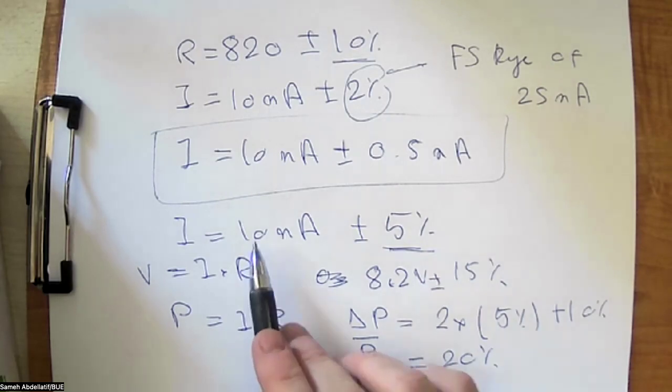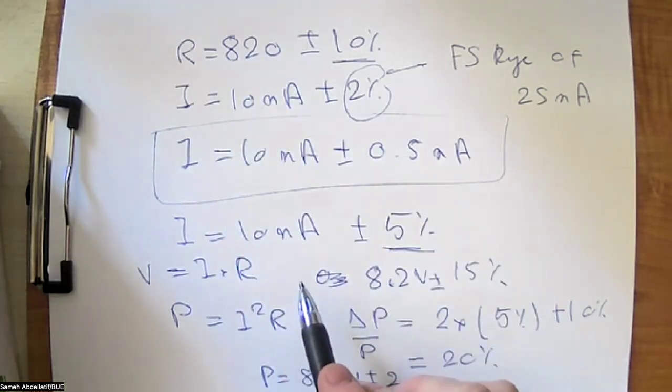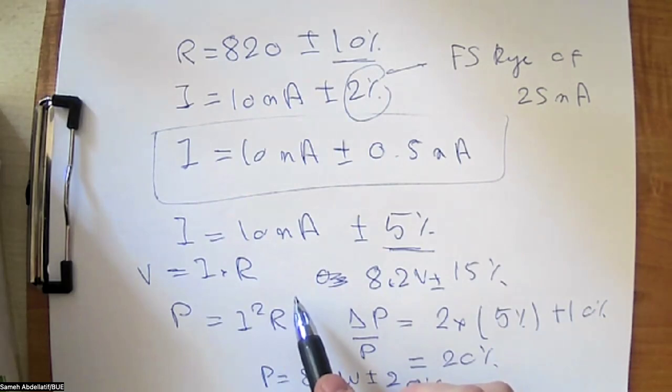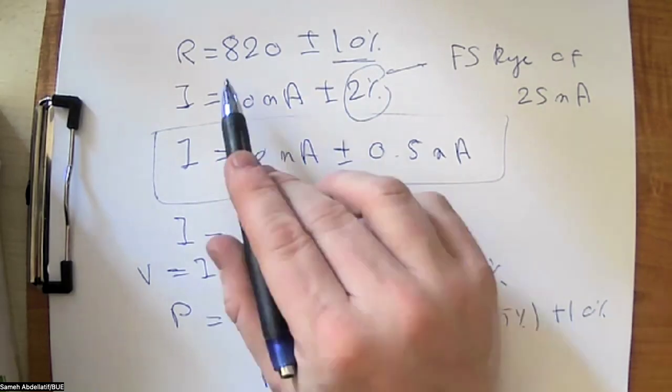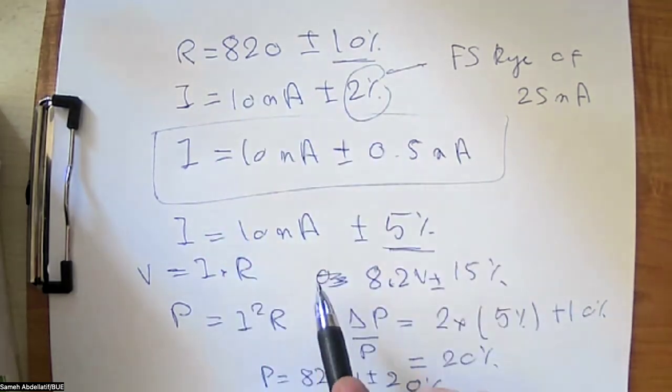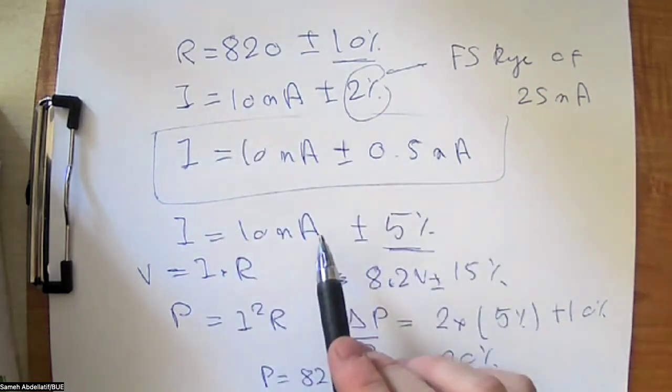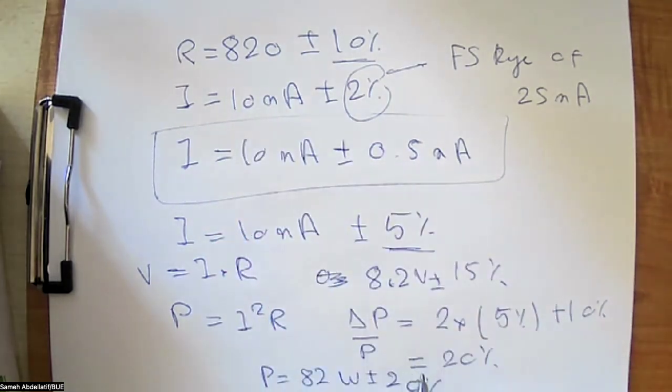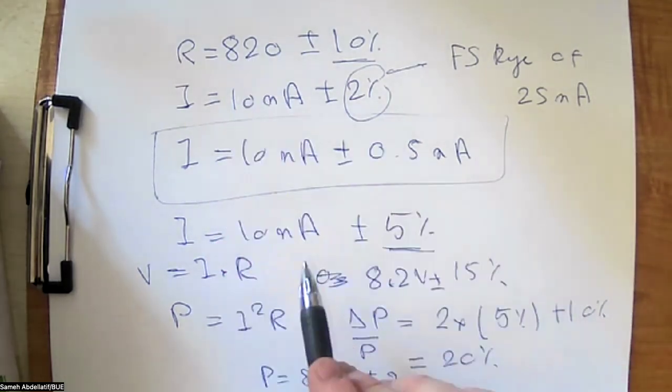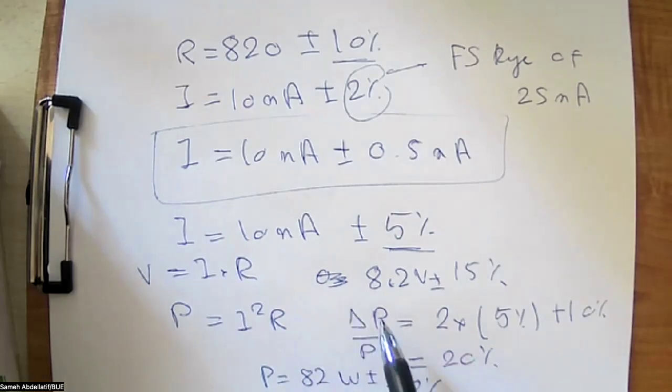So this is 10 times 10 times 820. It will be 8,200, and then we divide by 1,000 for the sake of the milli, so it will end up 8.2 volts. I think this is correct.